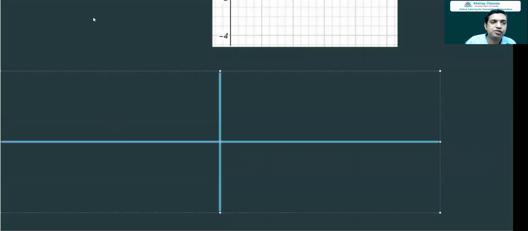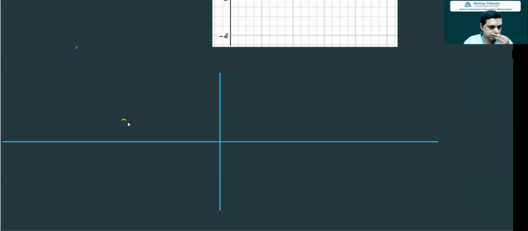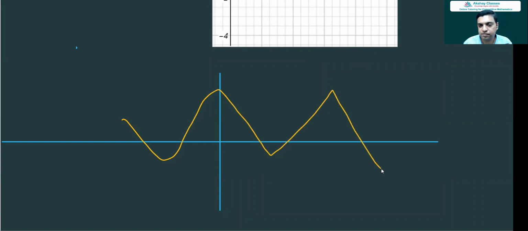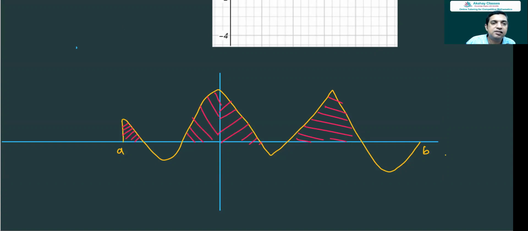Suppose there is a function like this. This is the point A and this is the point B. Now, these regions will be positive, and so I will mark with a positive sign.